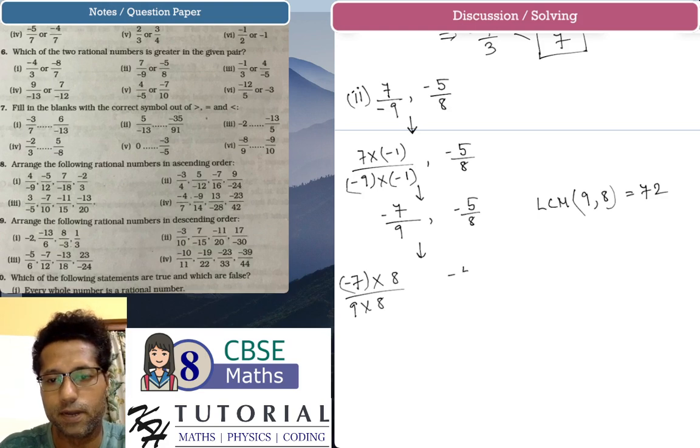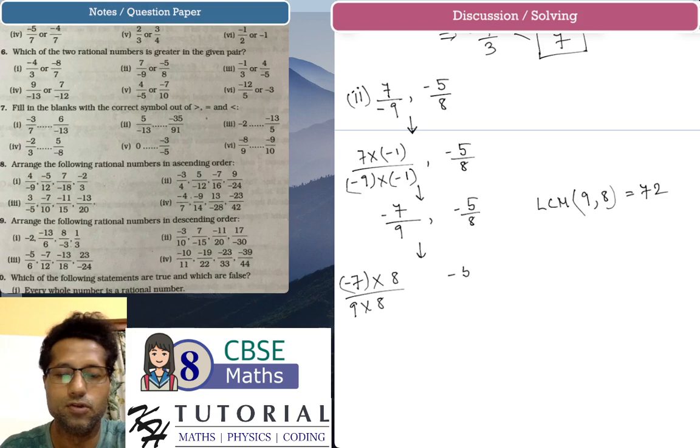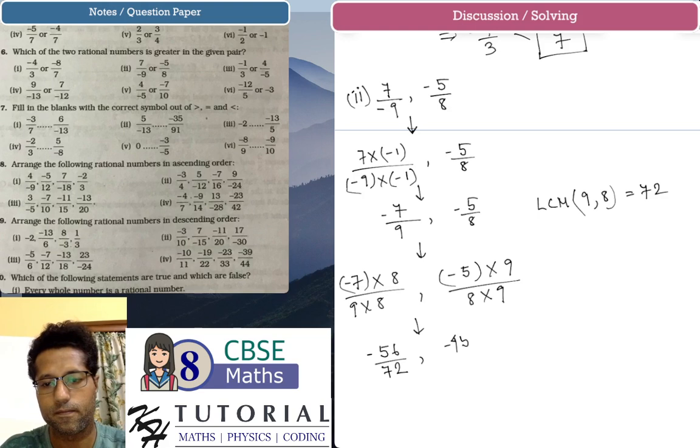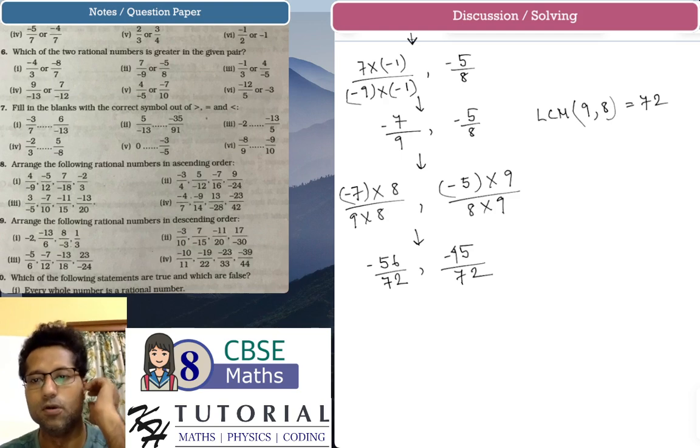Similarly, to convert minus 5 by 8, we have to multiply both the numerator and the denominator with 9. So now the pair of rational numbers becomes minus 56 by 72 and minus 45 by 72. Now the pair of rational numbers have the same denominator 72.